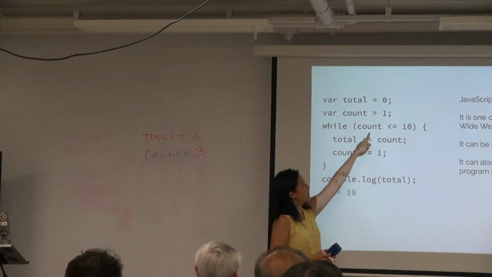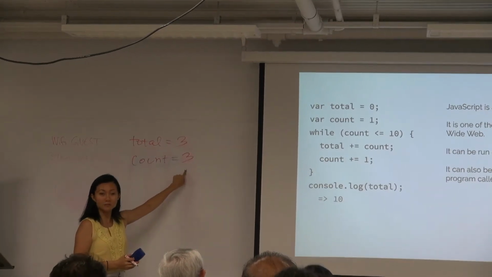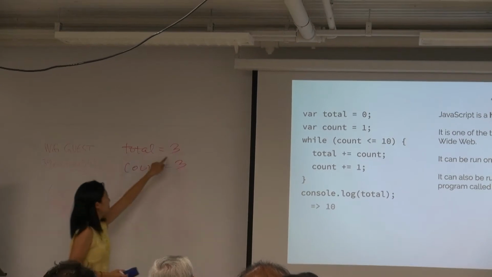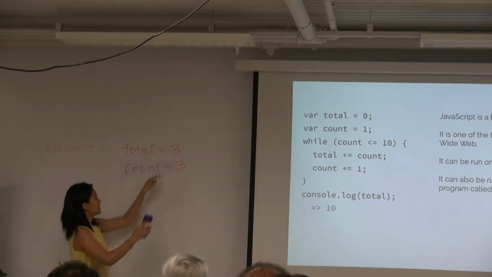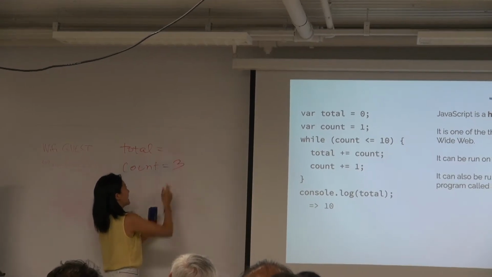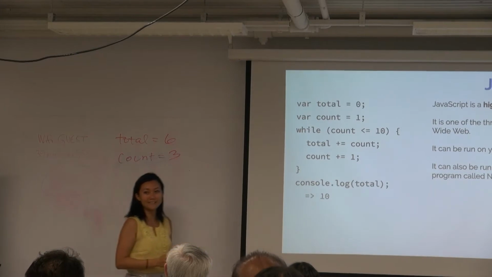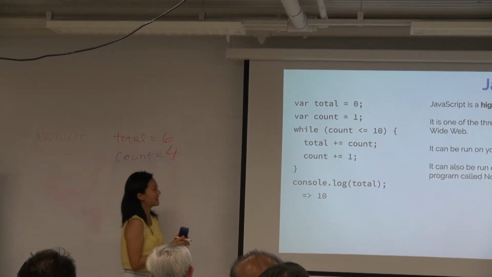I go again. Is count less than or equal to 10? True. Total plus equal count. My total is 3. My count is 3, plus 6. This is 6 now. Count plus equal 1. What is count now? 4. Yeah, let's go again.